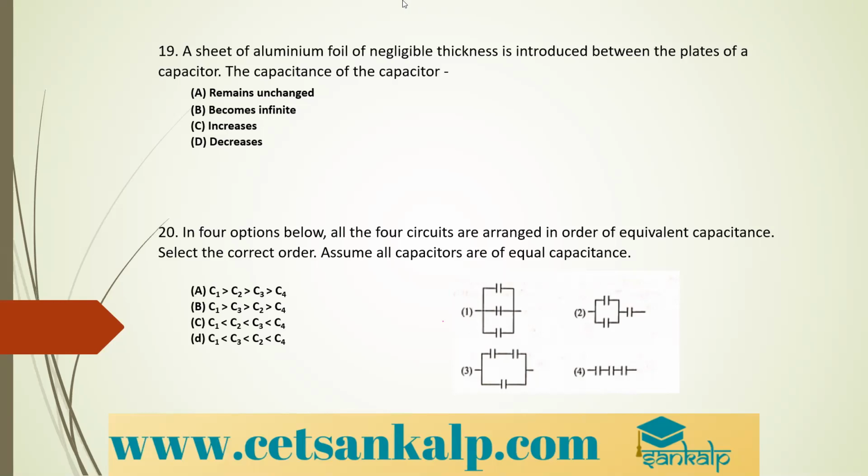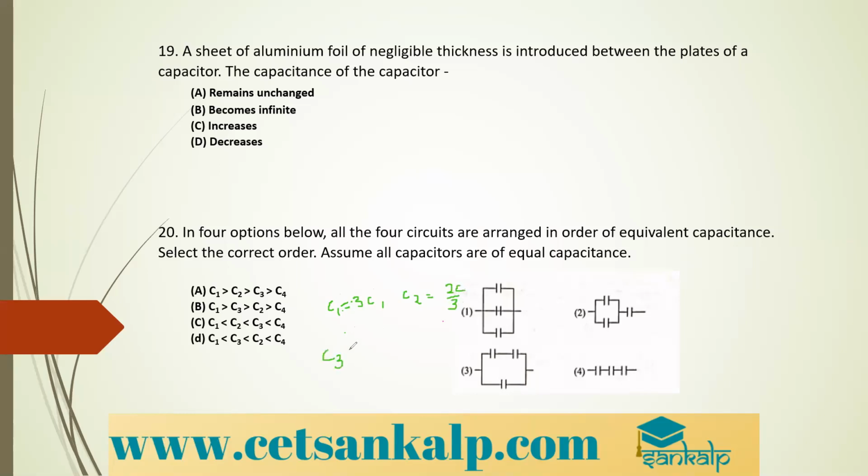Here we need to take the possible ways. By that we need to understand what is the correct option here. Whatever the question and whatever the figure it is given, based on that it is. Suppose I take C1 is equal to 3C, and C2 is equal to 2C divided by 3.